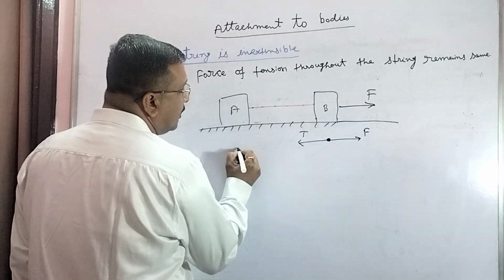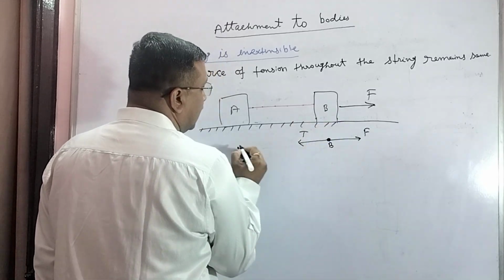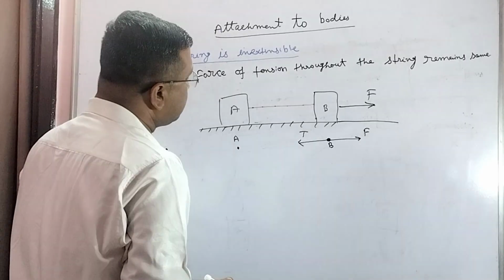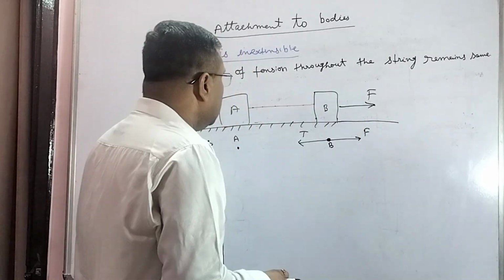In the same way, if we are talking about A, this is our B and this is our A. So now if we see, we are only drawing tension.